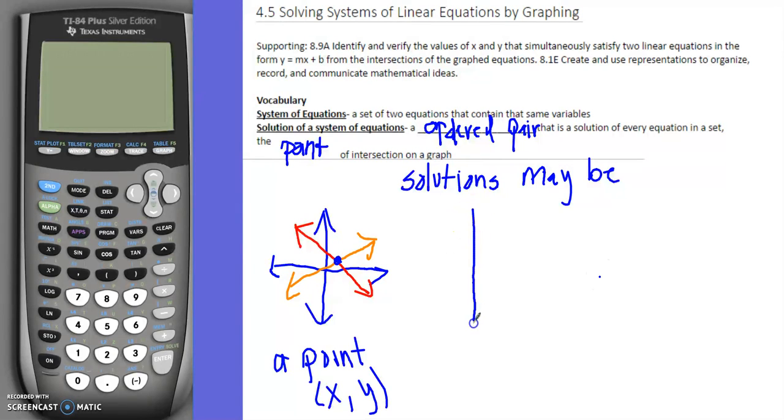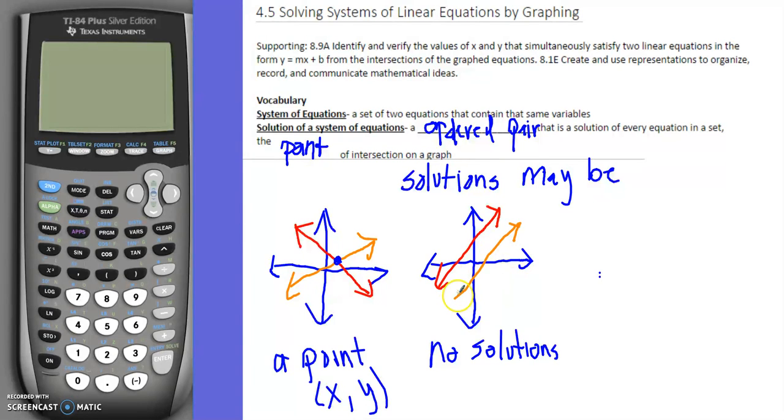However, you might have a scenario where there are no solutions. An example of no solutions would look like this. The reason there would be no solutions is because the lines are parallel and they will never intersect.